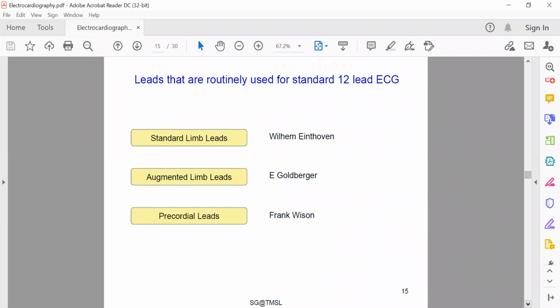First is the standard limb leads, which were invented by William Einthoven. Then there are the augmented limb leads, by Goldberger, and the precordial leads, which were invented by Frank Wilson. Okay, so these are commonly used leads for ECG measurement.